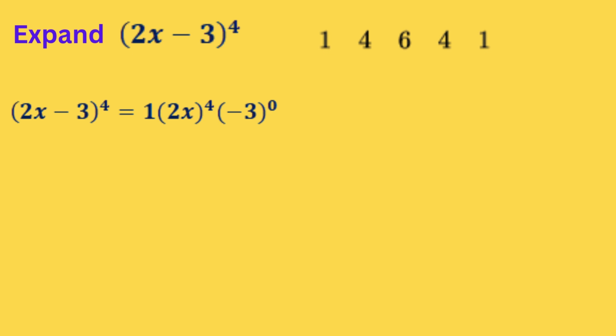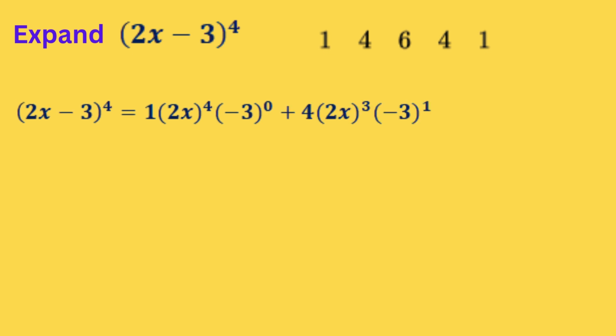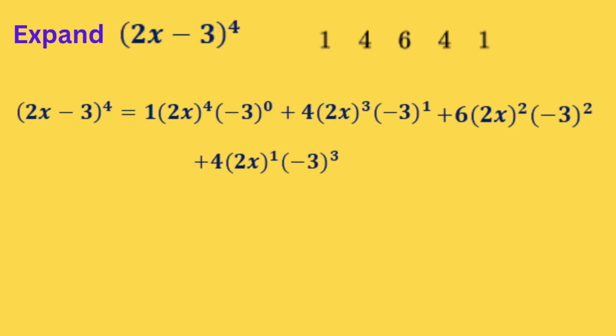For the next term in the expansion, we raise 2x to the power 3 and raise negative 3 to the power 1. Next, we raise 2x to the power 2 and raise negative 3 to the power 2. Next, we raise 2x to the power 1 and raise negative 3 to the power 3. Next, we raise 2x to the power 0 and raise negative 3 to the power 4.